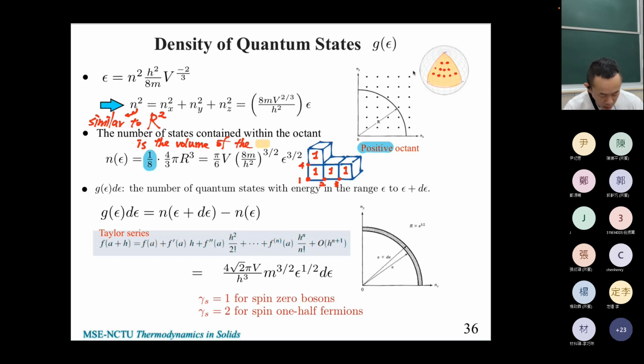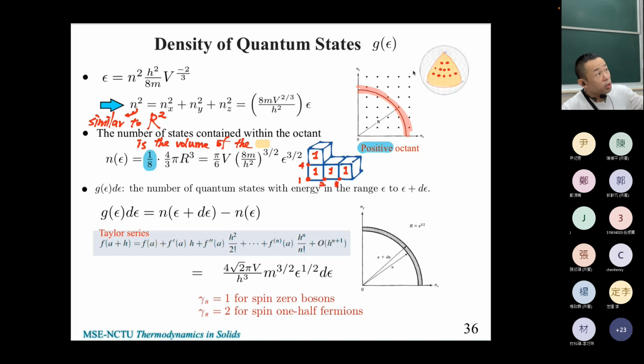So as you can see, next we are going to talk about degeneracy, g. Degeneracy is that when you specify a certain level of the energy, right? So you specify this energy.